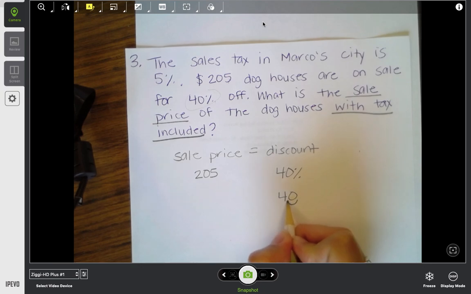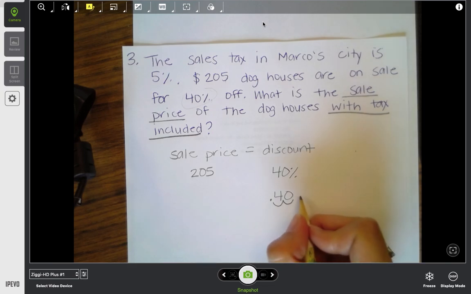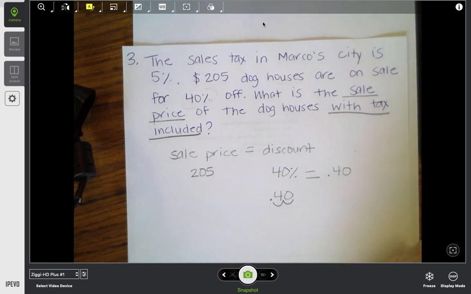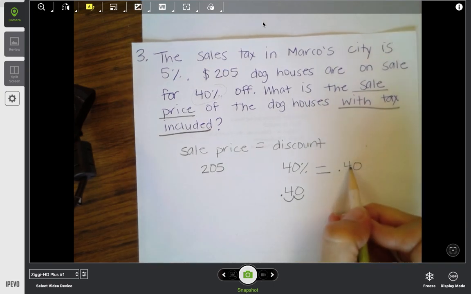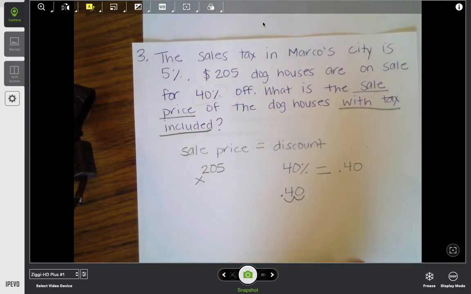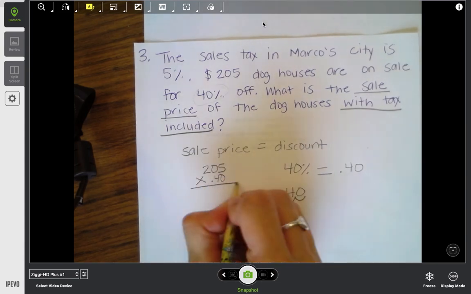I'm going to move it 2 places to the left. So 40% as a decimal equals 40 hundredths, okay? So I can multiply this decimal by this whole amount of the cost. So I'm going to say 205 times 40 hundredths.